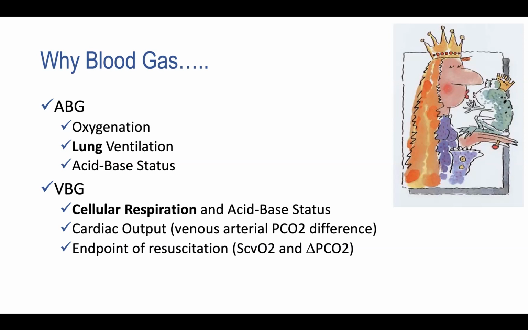So if we have a central venous gas or a mixed venous gas, it's helpful to have other kinds of monitors, but this will really help us to evaluate, did the fluid I give the patient improve them on the venous side? Did the red blood cells I give the patient improve them on the venous side? Did the increase in respiration improve them on the venous side?